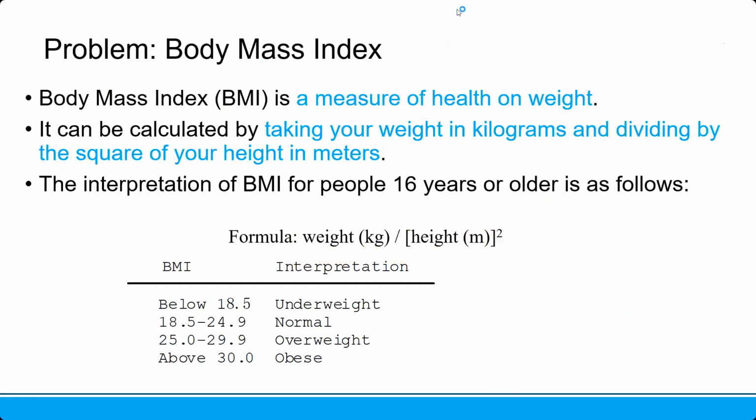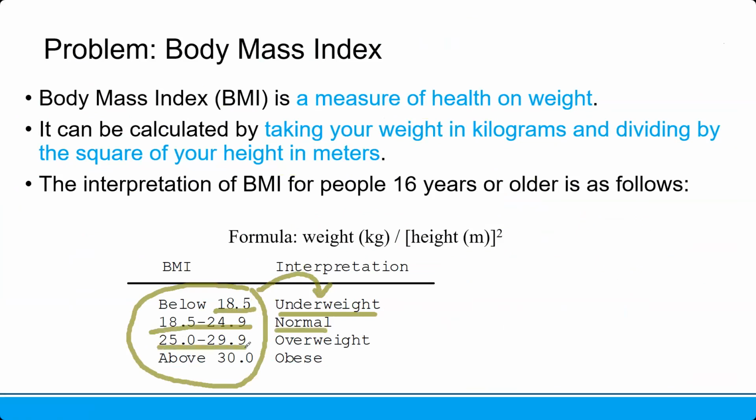And whenever I get a value, I would like to put the category. Let's say the BMI is below 18.5, then the person is underweight. If the BMI is in between 18.5 until 24.9, then the BMI is normal.